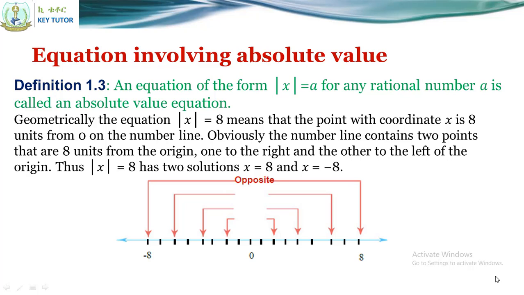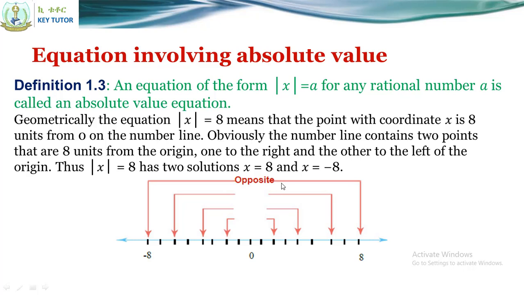An equation of the form absolute value of x is equal to a, for any rational number a, is called an absolute value equation. Here it is an equation because there is an equal sign. Let's consider geometrically what it means when the absolute value of x is equal to 8. What is the meaning of that? This time we are thinking of what is inside the absolute value as having a distance of 8 units from 0.